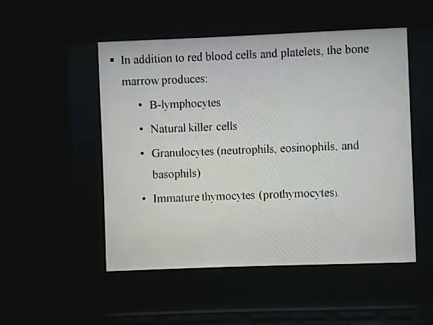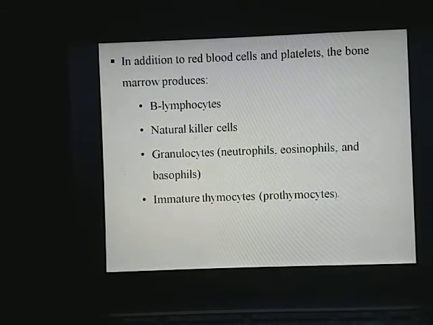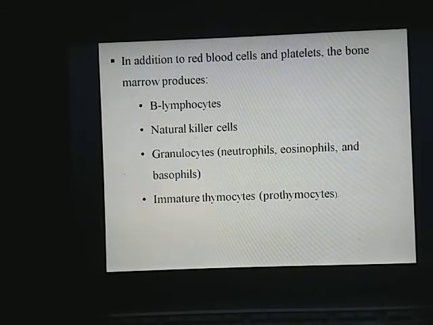In addition to red blood cells and platelets, the bone marrow also produces B lymphocytes, natural killer cells, granulocytes like neutrophils, eosinophils and basophils, and immature thymocytes or prothymocytes.